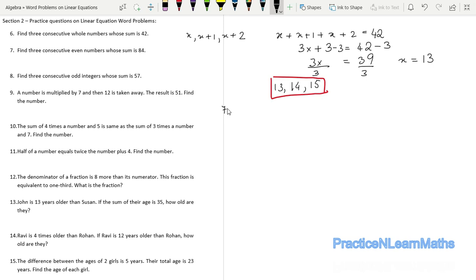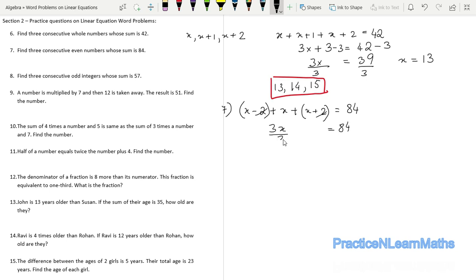Question number 7. Find 3 consecutive even numbers whose sum is 84. So, consecutive even numbers we take as x minus 2, x, and x plus 2. The 3 consecutive even numbers, their sum is 84. If we add them up, the minus 2 and plus 2 get cancelled. We get 3x is equal to 84.